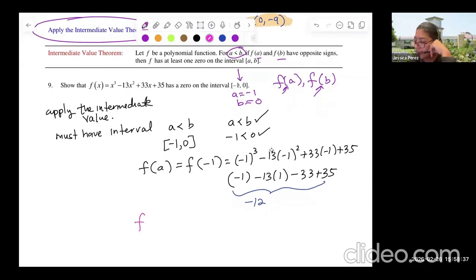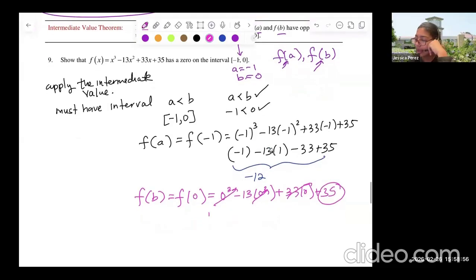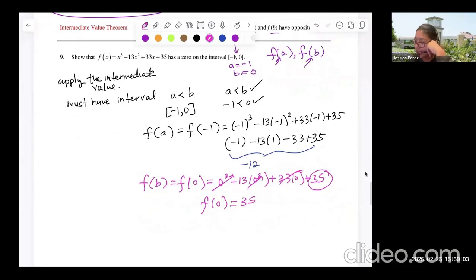Next, we apply f of b, which is f of 0. So what's f of 0? f of 0 is 0 cubed minus 13 times 0 squared plus 33 times 0 plus 35. Now these will all drop, and I'm only going to be left with 35. So f of 0 will be 35. And then what did we say about the comparison? f of a was equal to -12 versus f of b was 35.